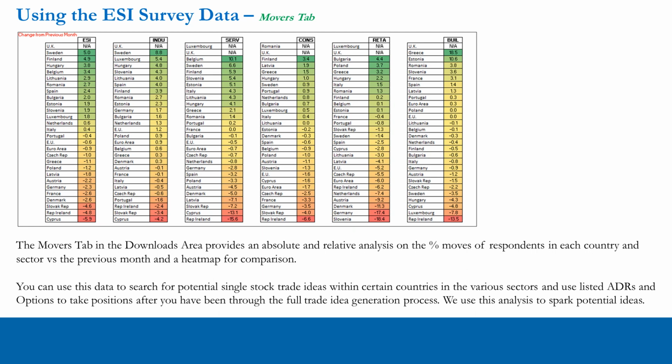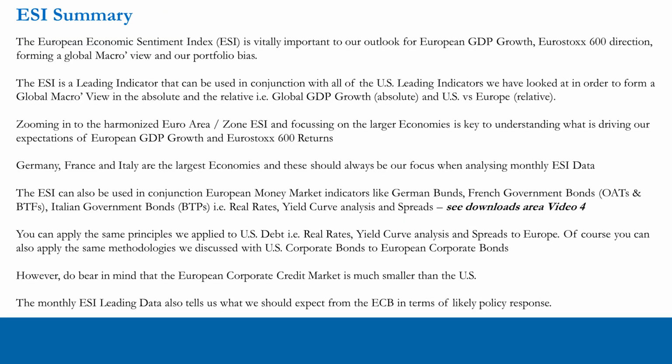Now, let's summarize the European Economic Sentiment Indicator, the ESI. It's vitally important to our outlook for European GDP growth, Euro Stoxx 600 direction, and forming a global macro view and our portfolio bias.